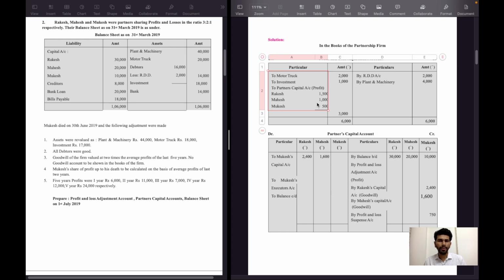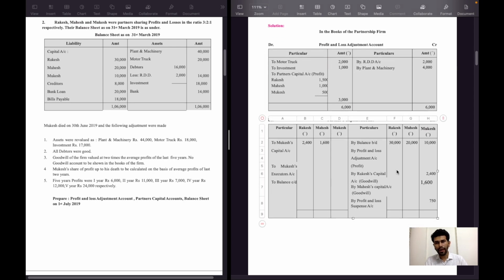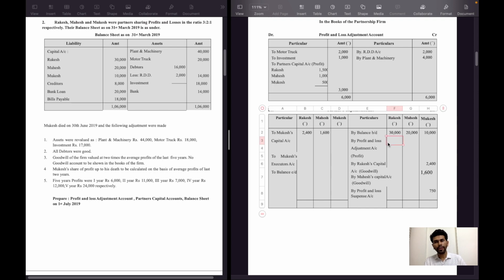And 3,000 multiplied by 1 by 6, 500 rupees. Then the amount will be shifted to partners' capital account credit side by profit and loss adjustment account: Rakesh 1,500, Mahesh 1,000 rupees, and Mukesh 500 rupees.